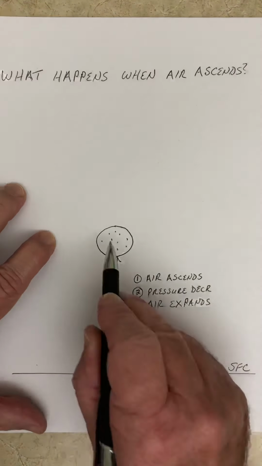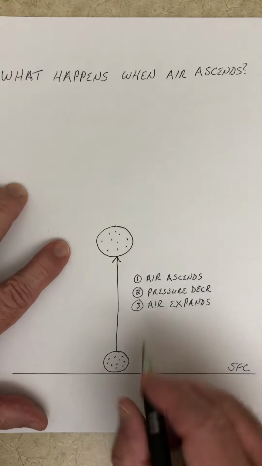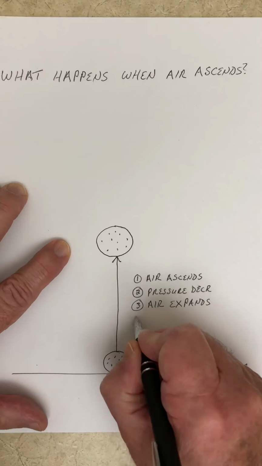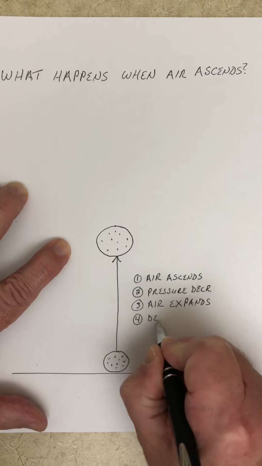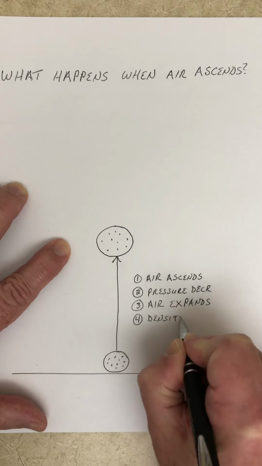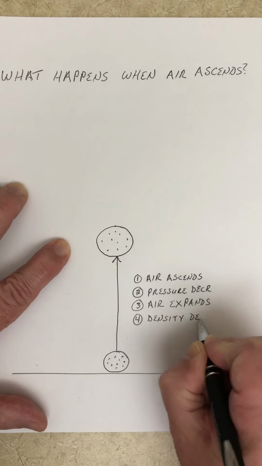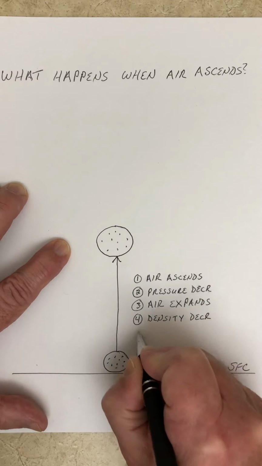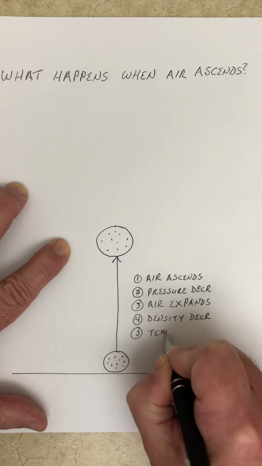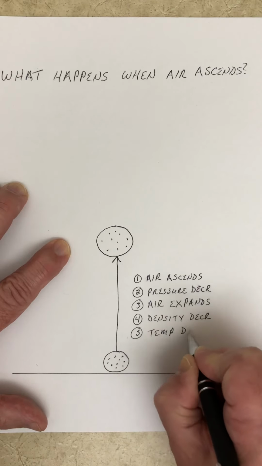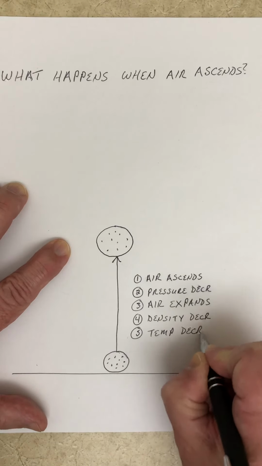Notice that the density of the air molecules decreases as it goes up. So when the air expands, the density decreases. And when the density decreases, that is going to cause the air temperature to decrease. So the temperature decreases.